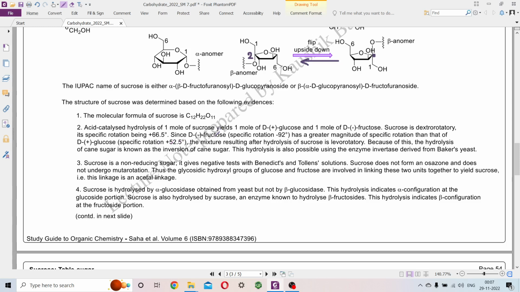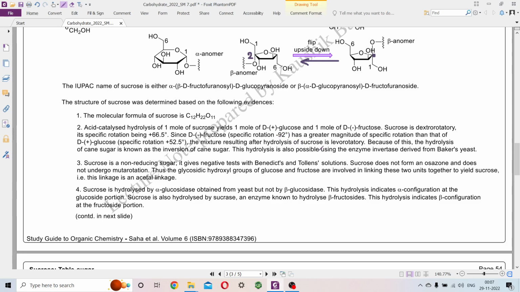Similarly for fructose, the equilibrium specific rotation is minus 92 degrees. So you start from plus 66.5 and end up with an equimolar mixture of two compounds, one with specific rotation minus 92 and the other obviously plus 52.5. Because the levorotation is greater than the dextrorotation, the final reaction mixture will have a net negative specific rotation.